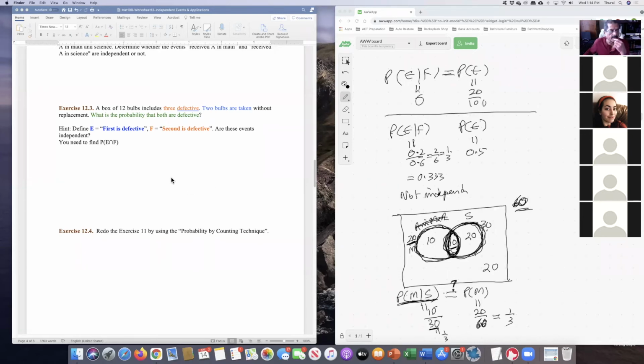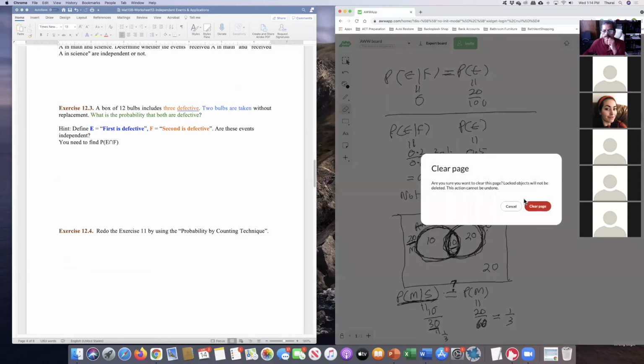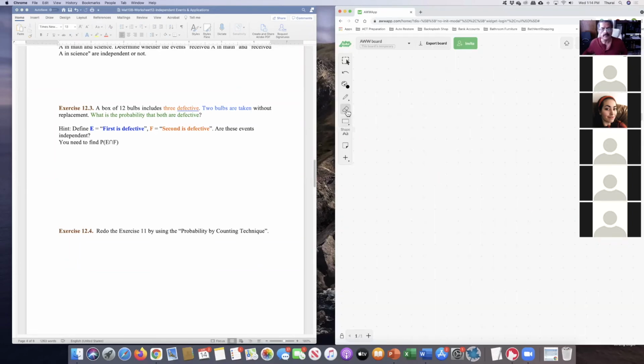12.3 says a box of 12 bulbs include 3 defective, and we are taking 2 bulbs without replacement. Then E is first one is defective, F is second one defective, and are they independent is the question.